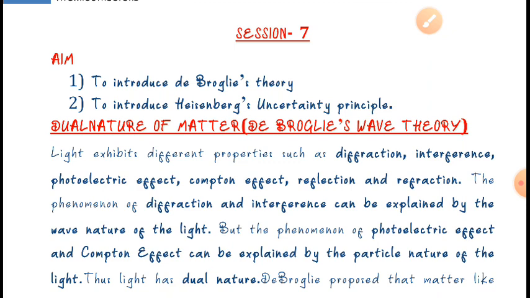From these two, we have come to know that light shows dual character. It behaves both as a material particle as well as a wave.